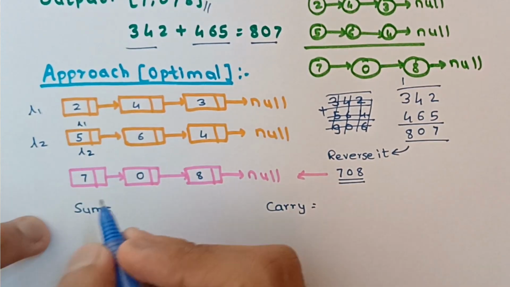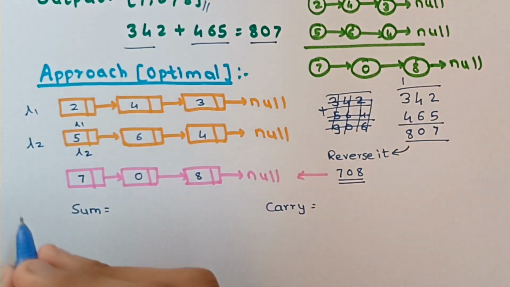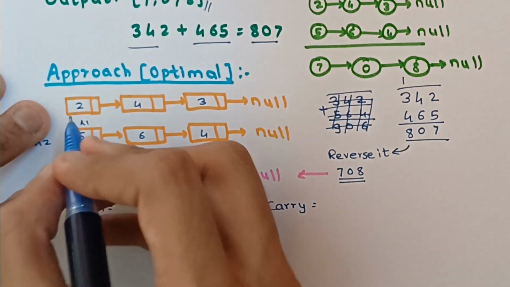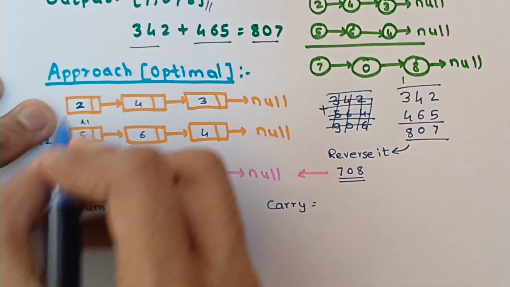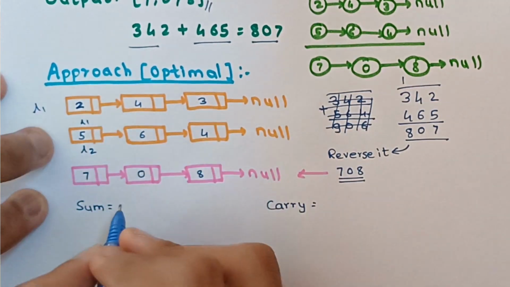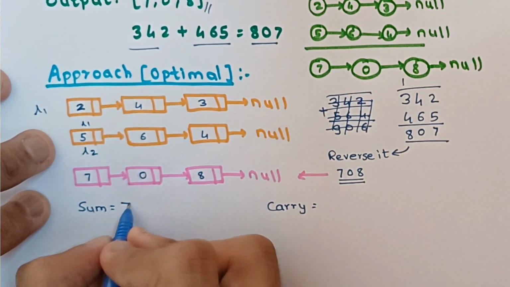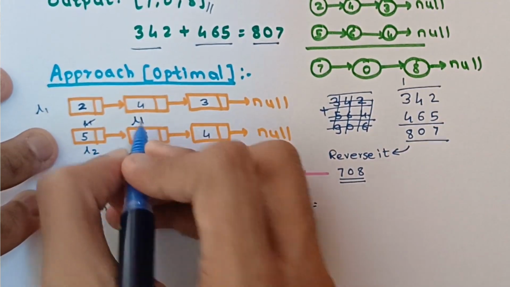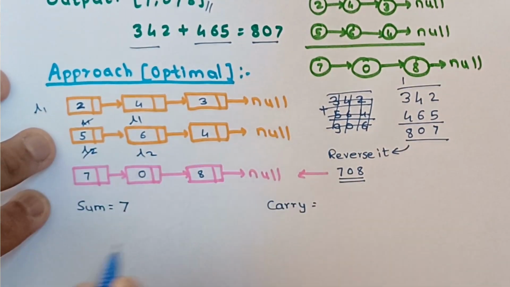We add these numbers and move the pointers forward. Adding 2 plus 5 gives 7, so the sum stores 7, and L1 and L2 both move forward.